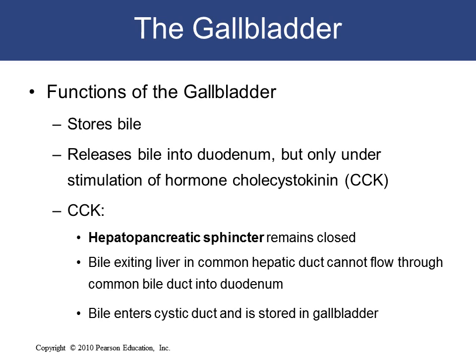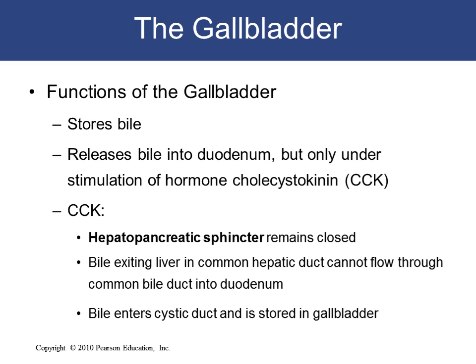So the function of the gallbladder is that it helps in bile storage, and releases the bile into the duodenum, but only under stimulation of the hormone cholecystokinin, as mentioned in the hormones of the digestive tract. The hepatopancreatic sphincter remains closed, so that bile exiting the liver in the common hepatic duct cannot flow through the common bile duct into the duodenum.